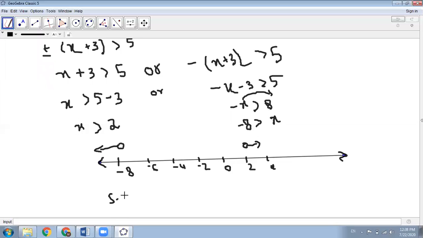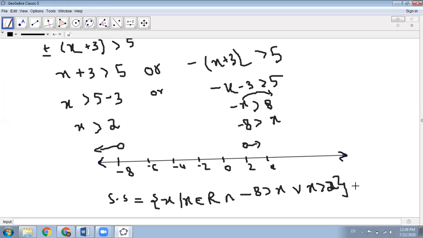So now how can we represent it as a solution set? We write solution set: x such that x belongs to R and x is smaller than minus 8, or x is greater than 2.